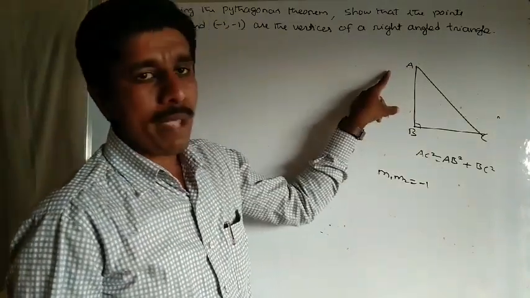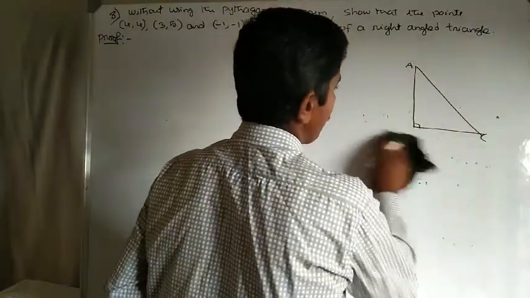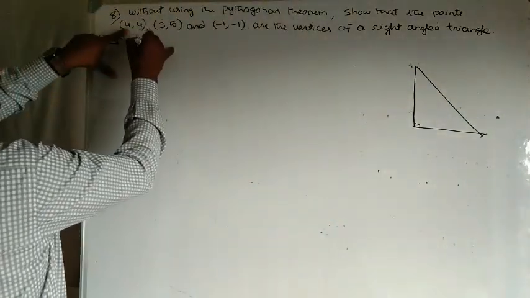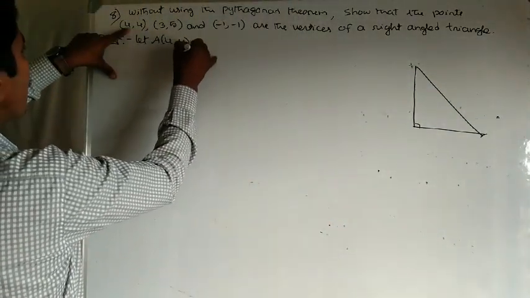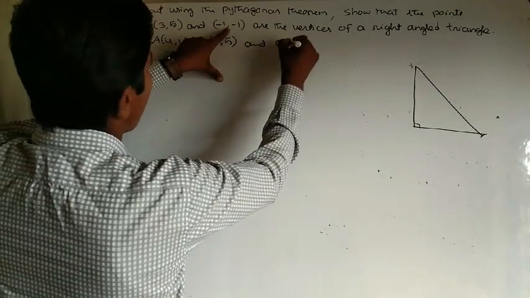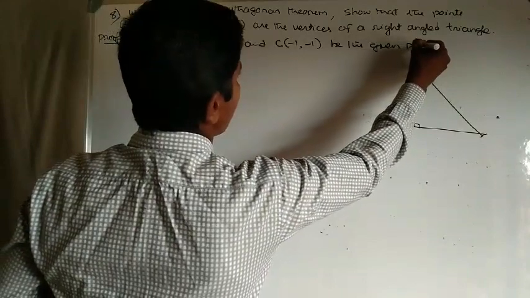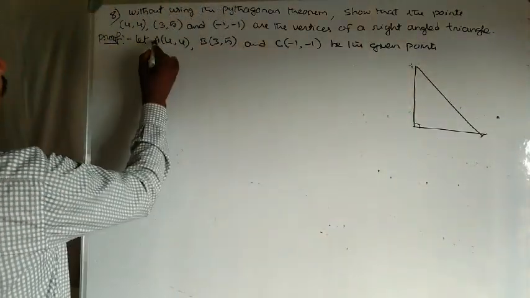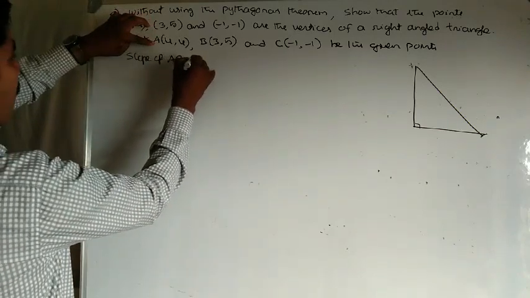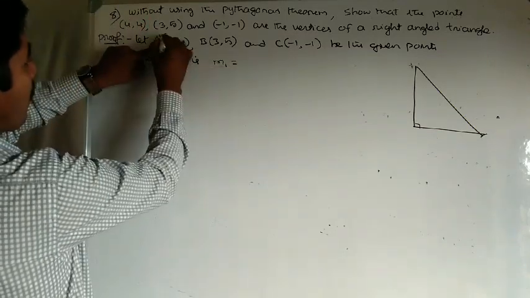First, find the slope of AB, slope of BC, slope of AC. Let A equal (4, 4), B the second point (3, 5) and C the third one (-1, -1) be the given points. First I am going to find the slope of AB, denoting it M1.